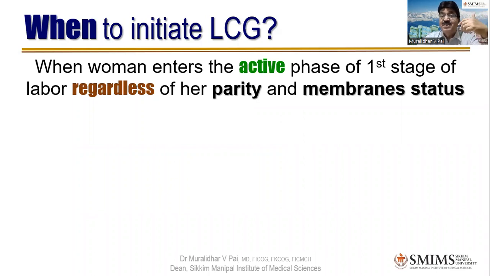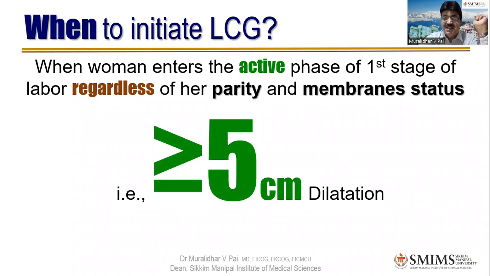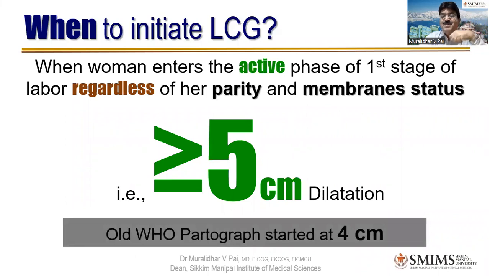Now I'm adding one more thing: regardless of parity, primi or multi, and the membrane status. And here comes the major difference. It is equal to or more than 5 centimeters. It inadvertently came as 4, because the old WHO Partograph started at 4 centimeters.